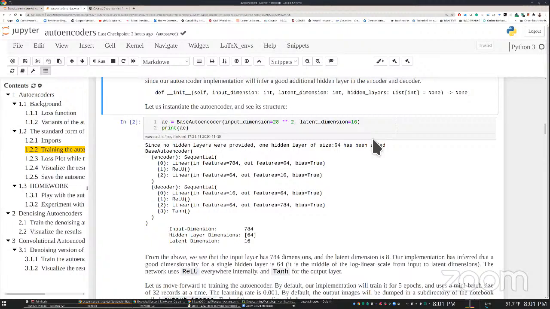MNIST, yes, certainly. It is the MNIST data set. MNIST and Fashion MNIST are all standardized to 28 by 28. CIFAR is 32. Now people are creating 64 by 64 images and so on and so forth.